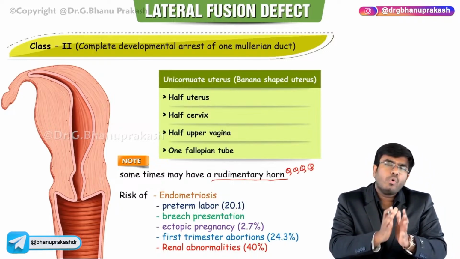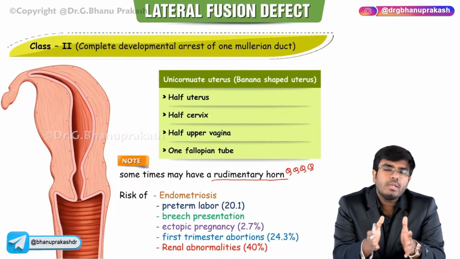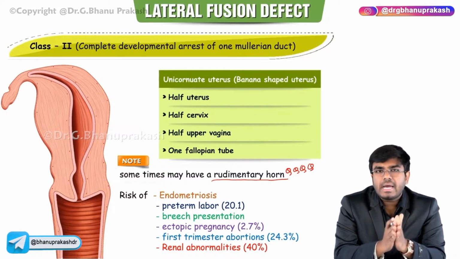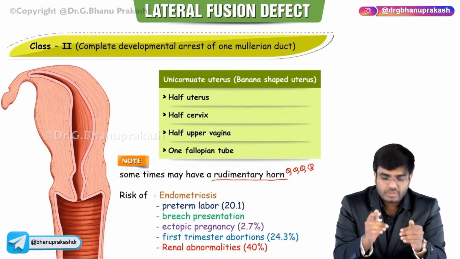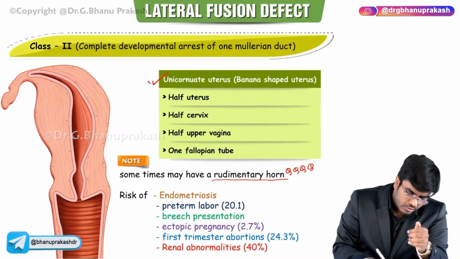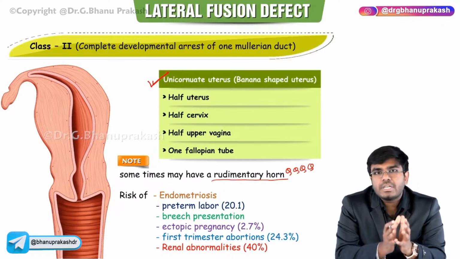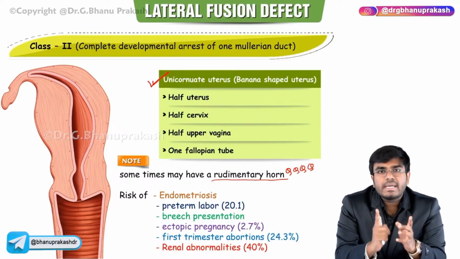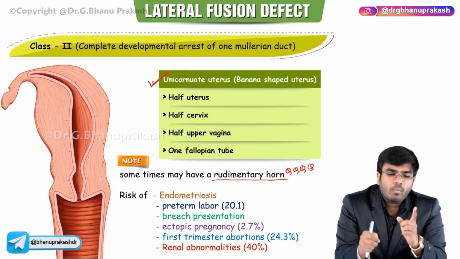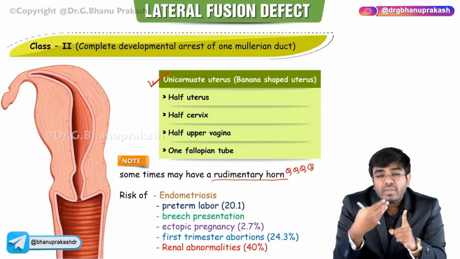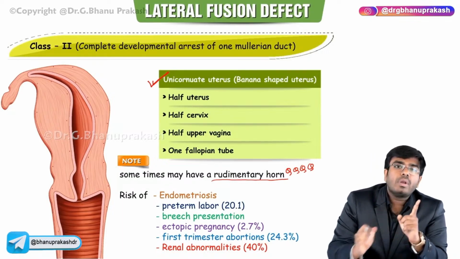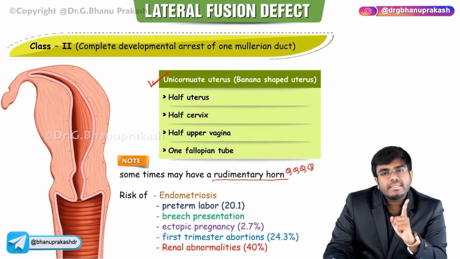But before discussing the subtypes and all, it's very much clear that this condition is known as a unicornuate uterus. Unicornuate uterus is a condition in which 1 Mullerian duct was completely gone. Whatever the female has, has developed only from 1 Mullerian duct.